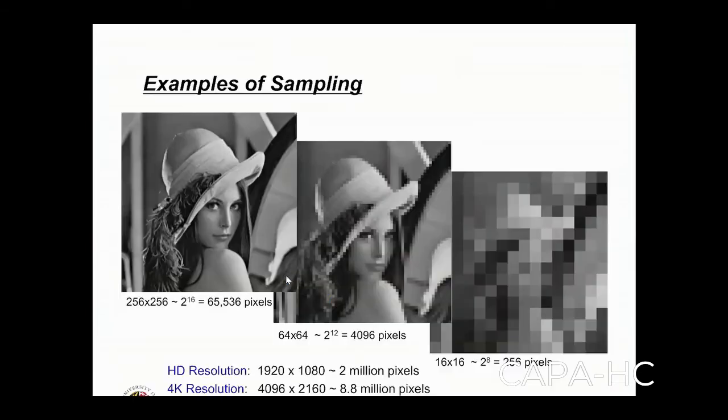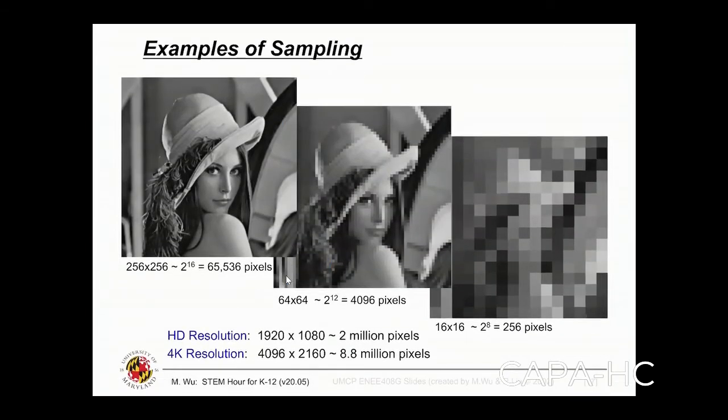If I further allow you to take more samples and denser, and you would take 4 times more horizontally and vertically, giving you over 65,000 pixels. Now we start to be able to see more details.